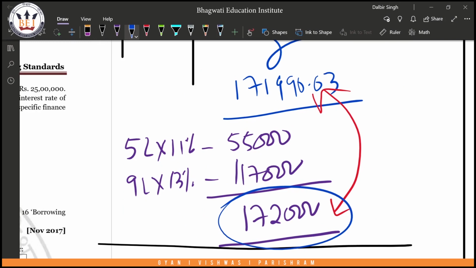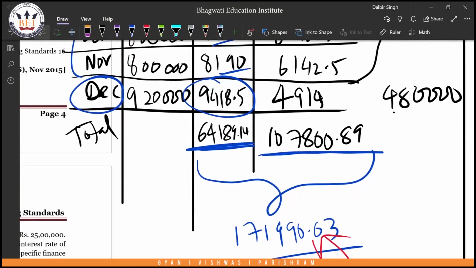Which means what have I done? Out of the total 1,72,000 of interest on general borrowing which I have incurred, I have bifurcated it. 64,189.14 should be capitalized as borrowing cost, and there is a remaining. Now, the question is what happens to the remaining?